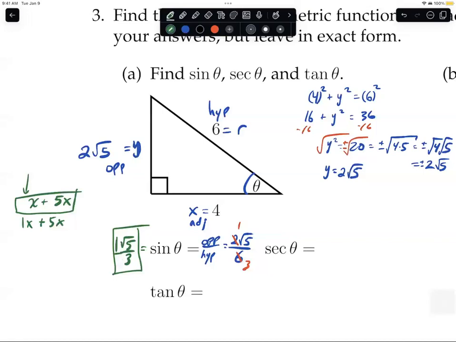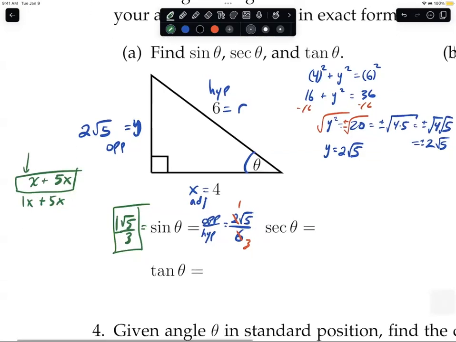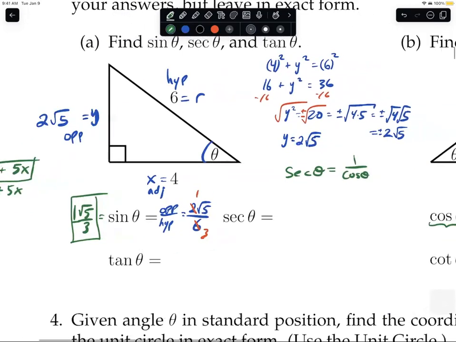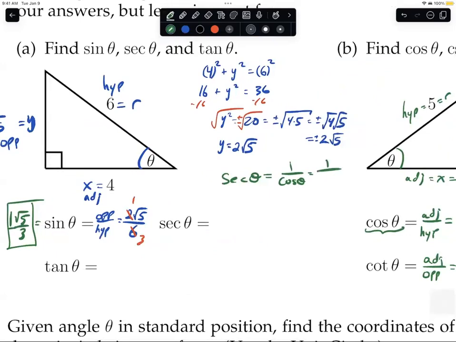And I was wondering if we could do secant too. Yes, so the secant of theta is 1 over cosine. So it's 1 over adjacent over hypotenuse, and that's the same thing as hypotenuse over adjacent.